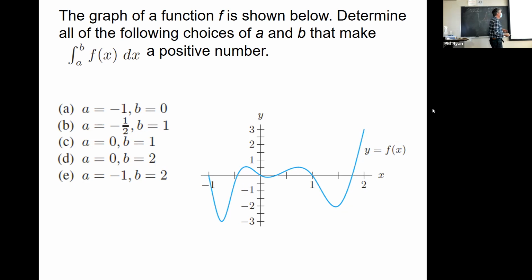0 and 2. Probably not, right? Because I mean, there is a nice big one here, but that's such a thin sliver. I bet that one outweighs it. So I'm not going to have D. And -1 and 2.